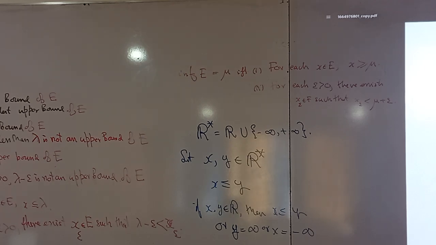Here are some examples also. 3 less than or equal to 5, that you know. 3 strictly less than plus infinity, that you know. Minus infinity less than plus infinity, that is again something you know. That is the only time, by the way, you have something to do with minus infinity and plus infinity. But he says 3 less than or equal to minus infinity is incorrect.